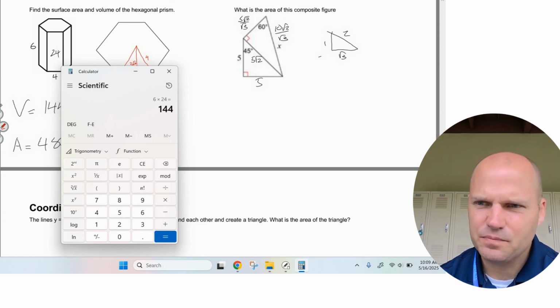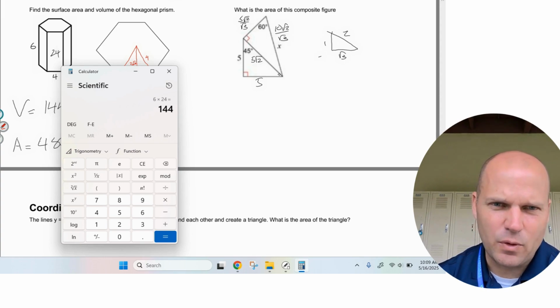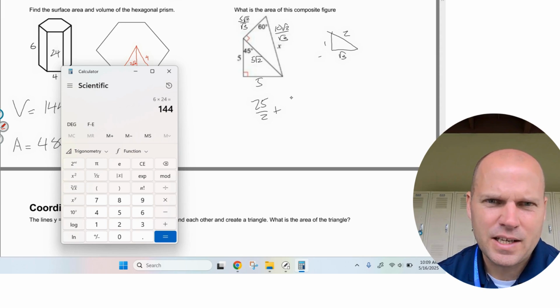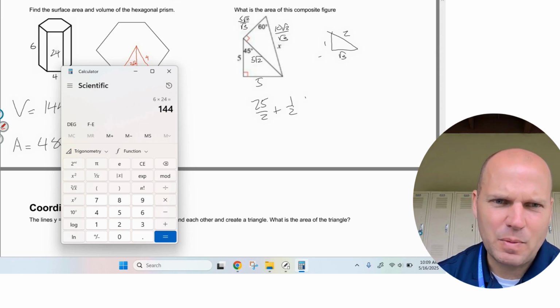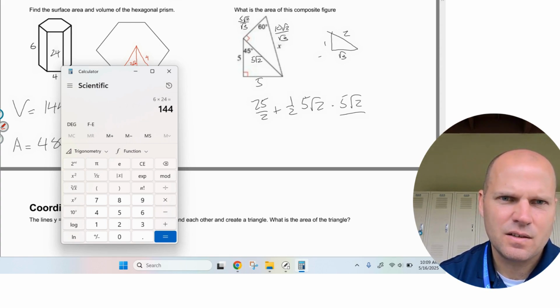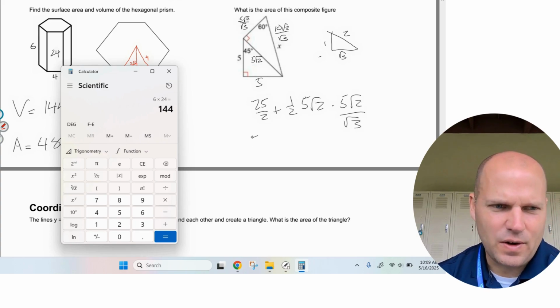But it's doable. The area would be 25 halves, which is this, plus half the base, which I'm going to say is the base times the height. Okay, so I have 25 halves plus the 5 times the 5 is 25.